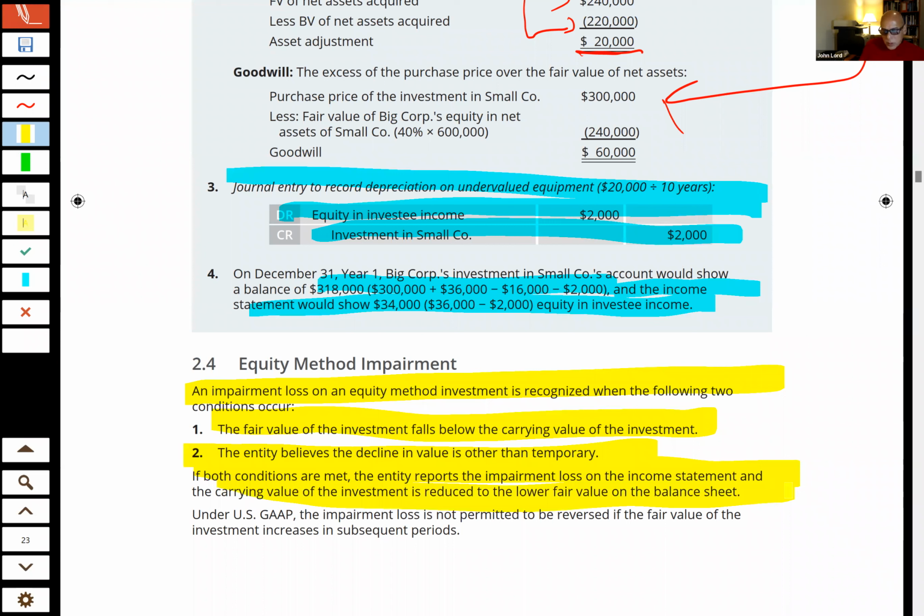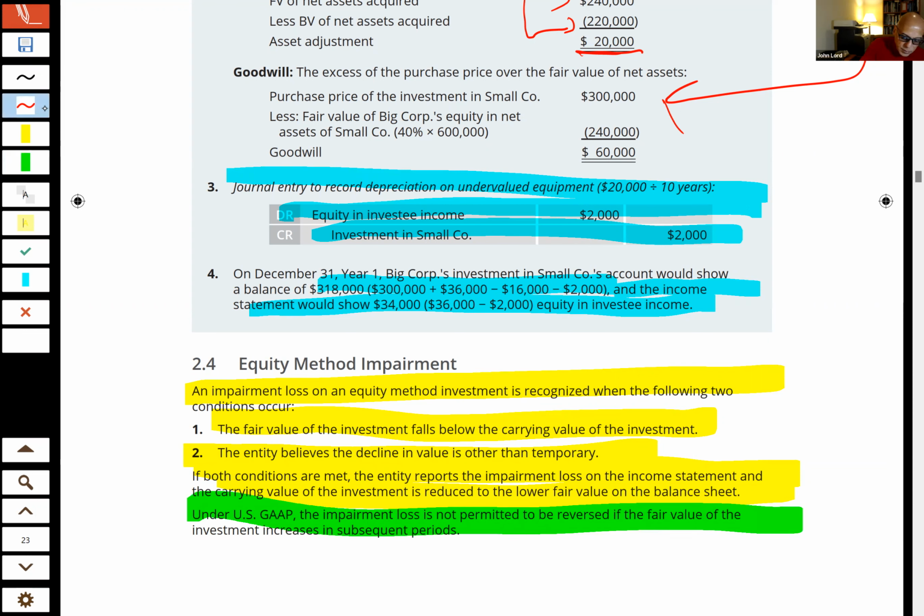So in the example where we just had 318, if they told us fair value was 315, you would have to write that down and report an impairment loss. Under US GAAP, which is the only kind of GAAP that's tested on the exam, you cannot reverse the impairment loss in subsequent periods. Flashcard those rules.